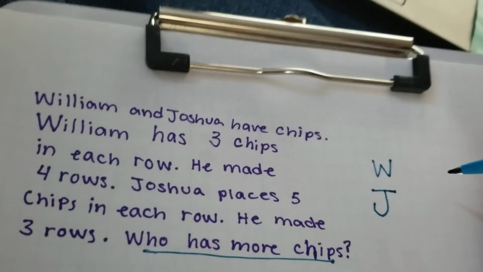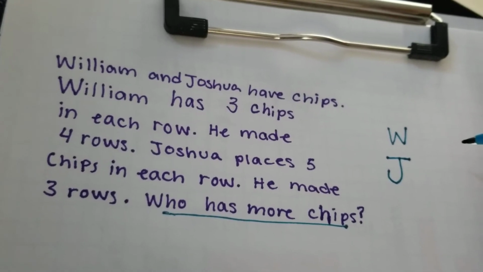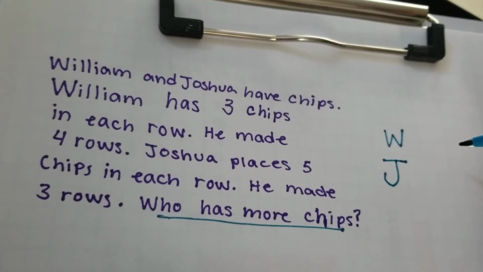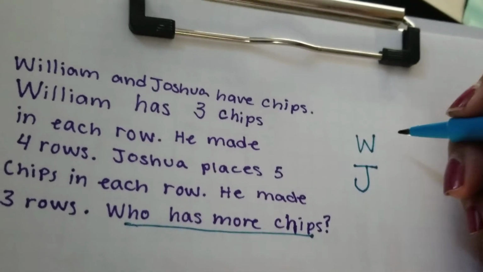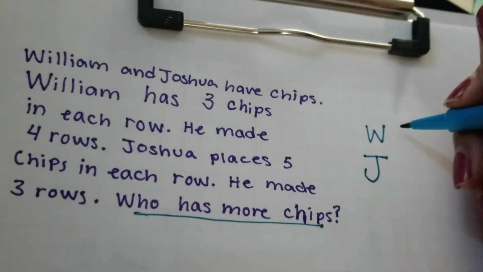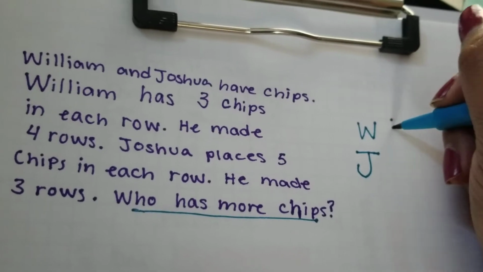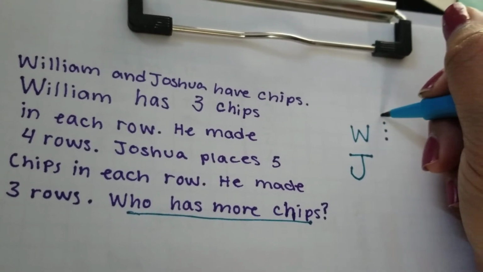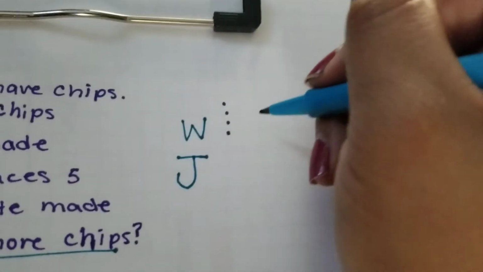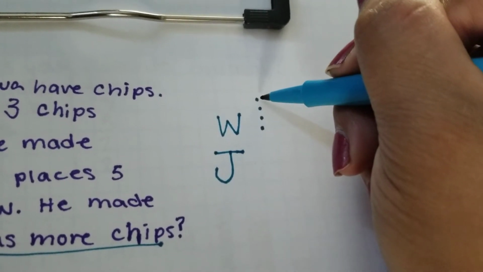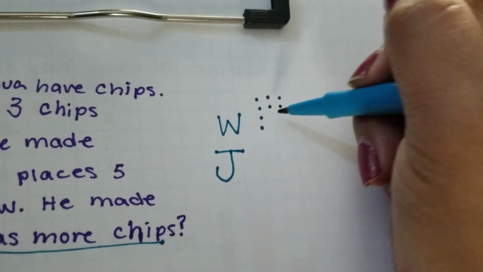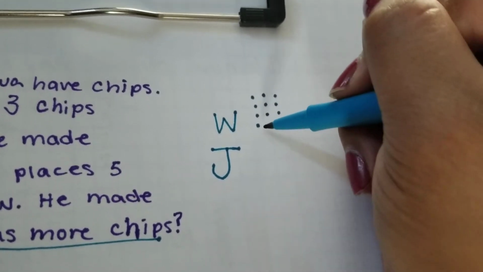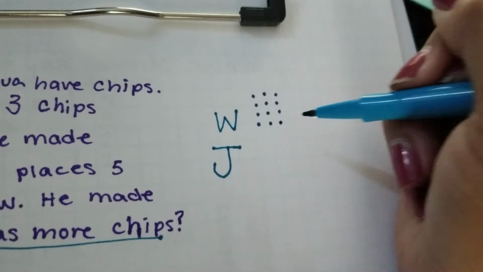And we can see that William has 3 chips in each row. And he made 4 rows. So I'm going to make 4 rows. Those are his 4 rows, and he put 3 chips inside of each row. 1, 2, 3, 1, 2, 3, 1, 2, 3, 1, 2, 3.